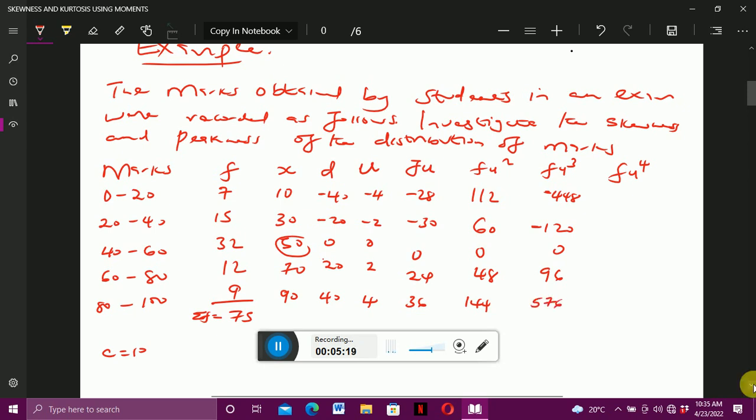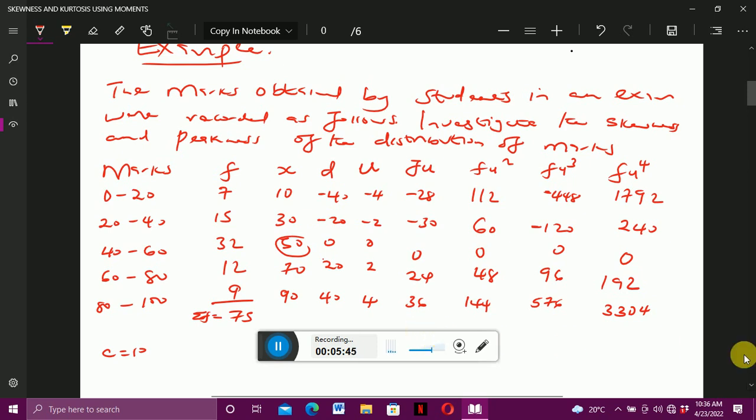We have fu raised to power 4 as 1792, 240, 0, 192, and 2304. That is 576 times u, which is 4.